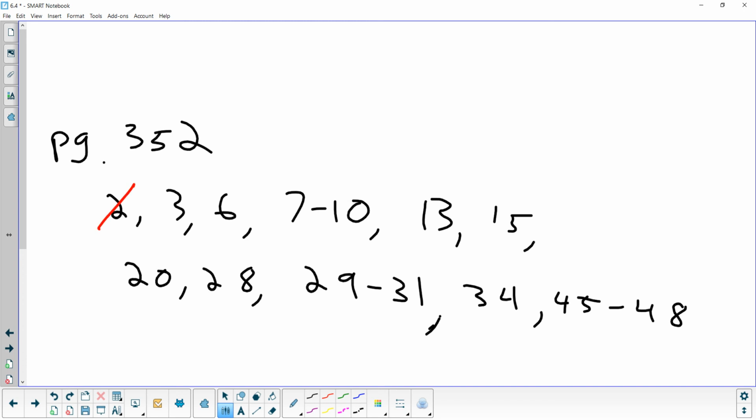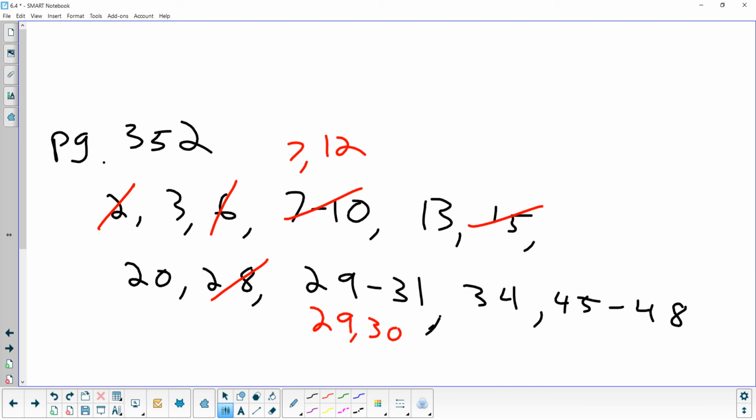Skip that one. 3 is okay. 6. We'll skip that one for now. Let's do 7. We'll skip 8. Skip 9. Put that in 12. 13. That's okay. 15. We'll skip that. 20. That's okay. 28. We'll skip that one for now. 29, 30.